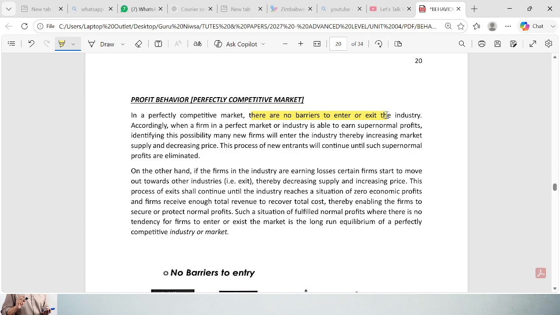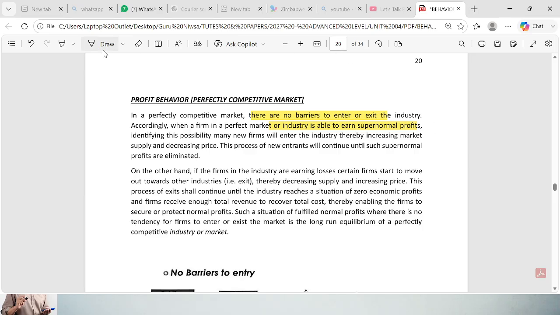Do you agree or not? I agree, sir. No barriers. Yes, anyone can come into the market. Anyone can exit the market if they feel that they are not making a sufficient level of profit. Accordingly, when a firm in a perfectly competitive industry is able to earn supernormal profit, how is it expressed using TR and TC?